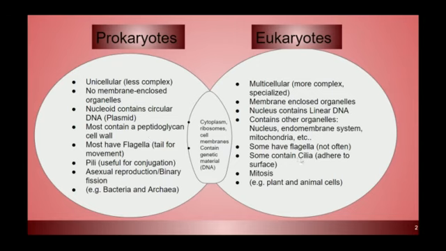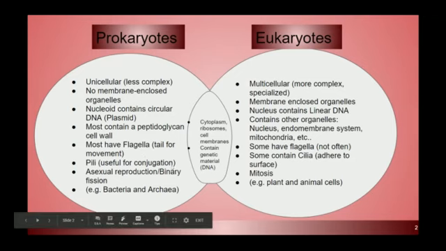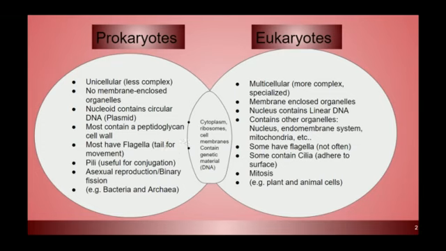Here, eukaryotes have something that's kind of similar to a pili, called a cilia. The cilia are used for cells to adhere to each other and to surfaces, but they don't have a method of conjugation similar to the prokaryotes. Conjugation is specific for bacterial organisms in transferring the DNA from one bacteria to another.